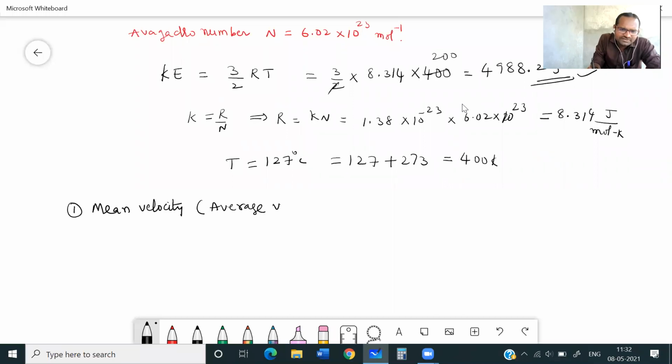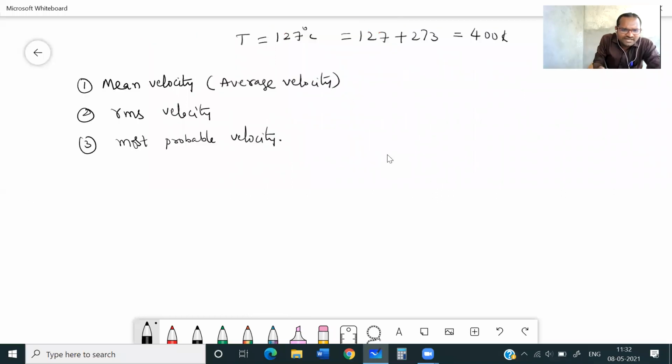Second one is RMS velocity. Third one is most probable velocity. Let us discuss one by one.